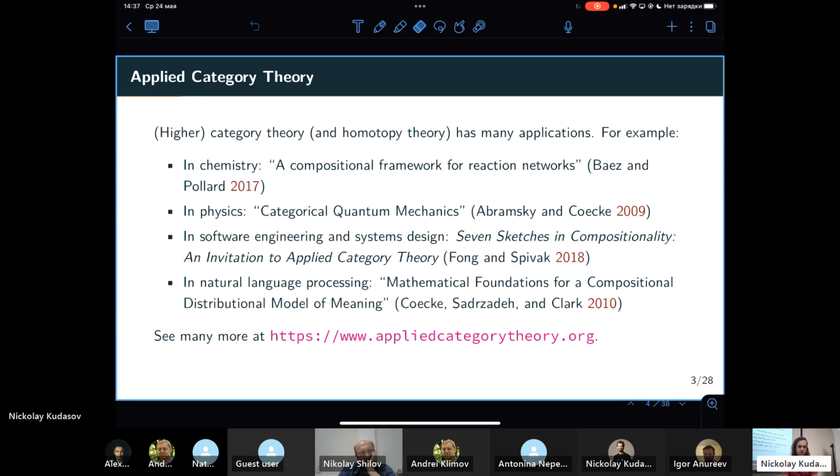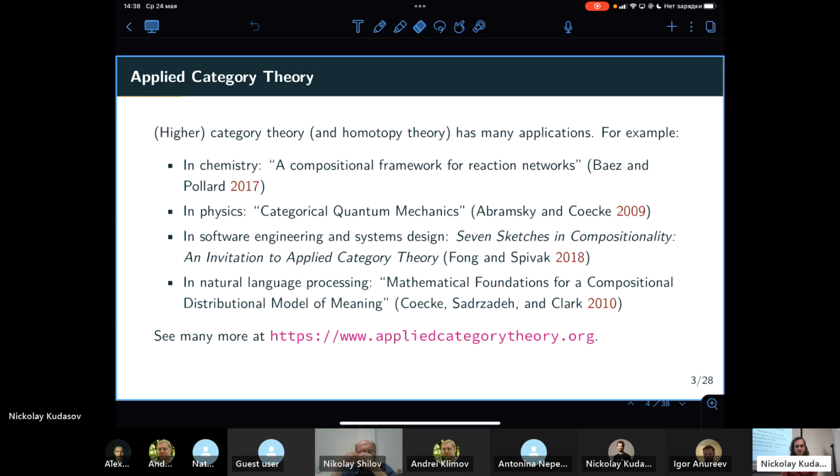And there's also homotopy theory, which is not called category theory, but which is very much related. And homotopy type theory, which we'll mention in a bit, is very closely related to groupoid theory, and groupoids are just a particular kind of category.